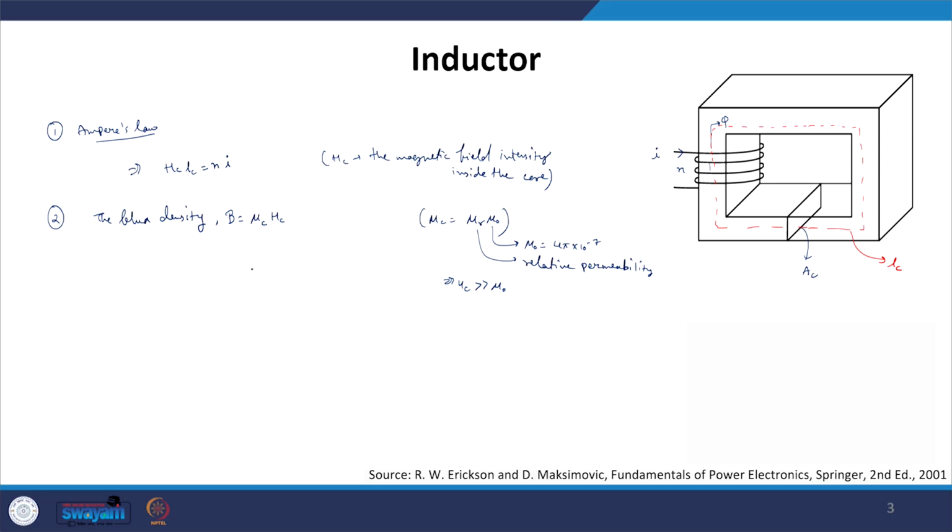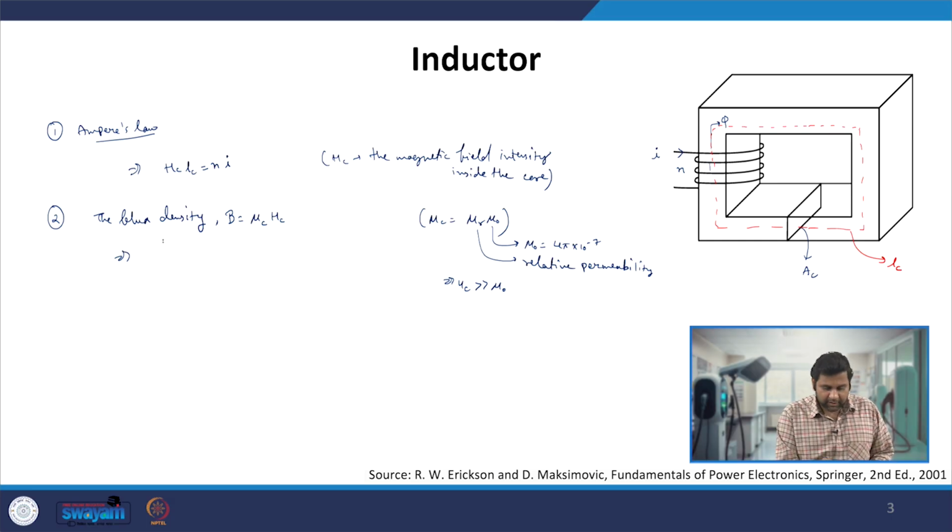So, since we have the flux density B equals mu c Hc, we can write our flux phi equals B times Ac, where Ac is the area of cross section of the core, so flux density times area of cross section of the core.